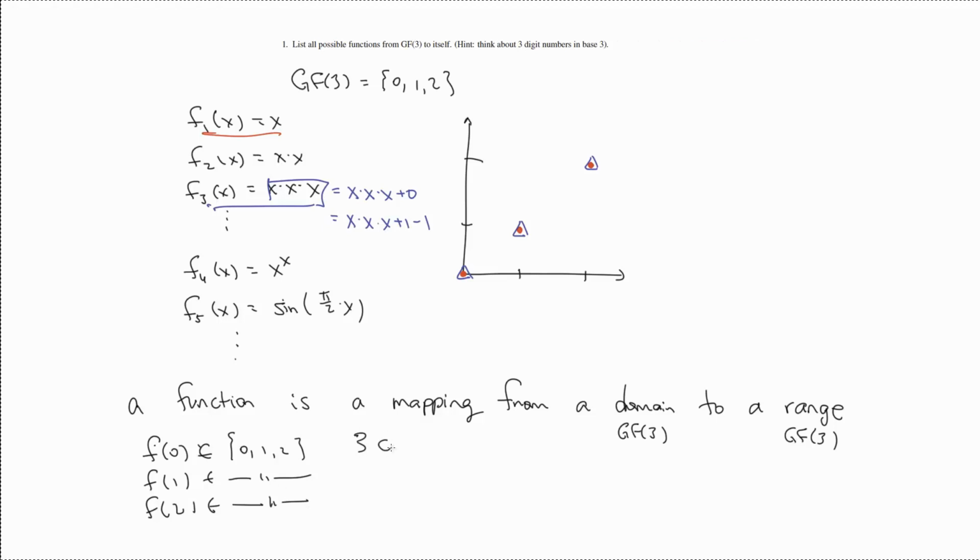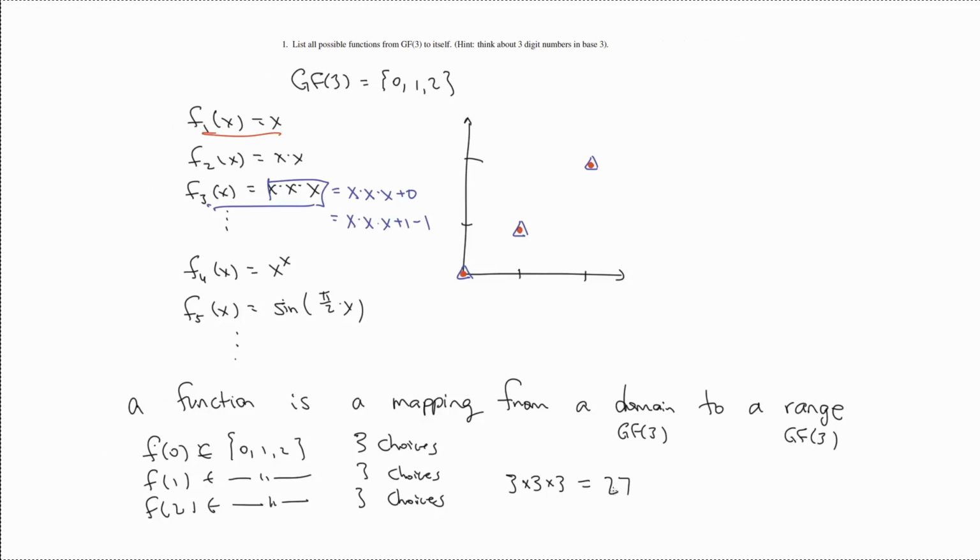So there are 3 choices for f of 0, 3 choices for f of 1, and 3 choices for f of 2. So all in all, we have 3 times 3 times 3, which is 27 possible functions from GF(3) to itself.